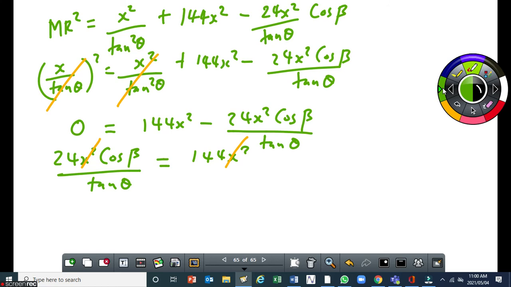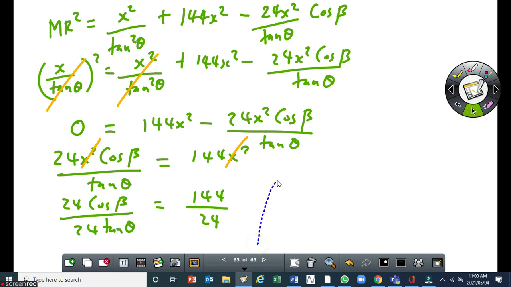I can divide both sides by 144, or I can divide both sides by 24. It's your choice, okay? So I'm going to divide by 24. If I divide this by 24, I'm going to get 24 cos beta over 24 tan theta is equal to 144 over 24. Right? Then let me carry on.